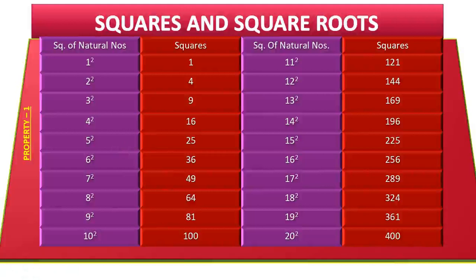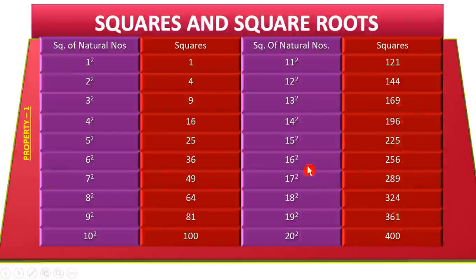So here we can observe the unit digits of these square numbers. These are unit digits 1, 4, 9, 6, 5, 6, 9, 4, 1, 0.